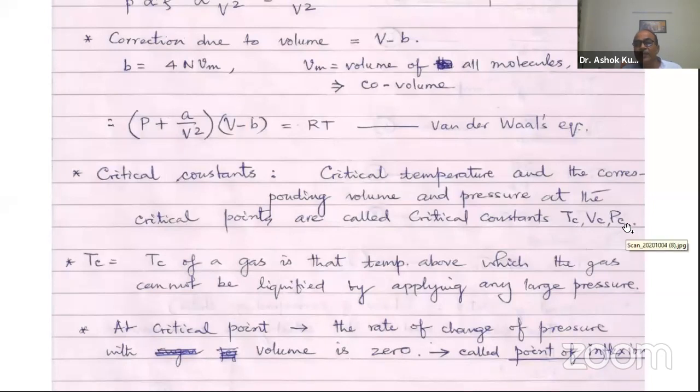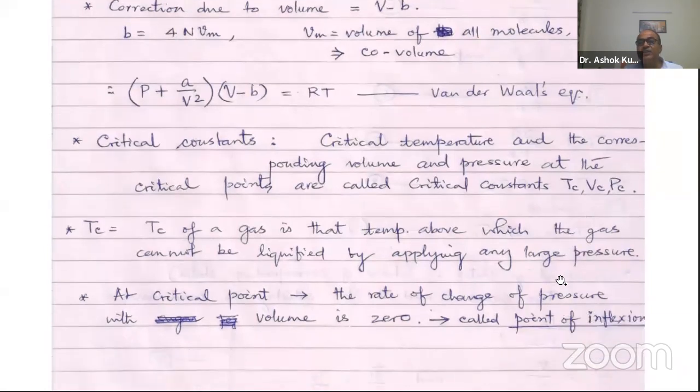Is it clear? Every gas has its own Tc, Vc, Pc. They are different for different gases. Now, what is Tc? Tc of a gas is that temperature above which the gas cannot be liquefied by applying any large pressure. That is what I told. And below which only it can be liquefied.